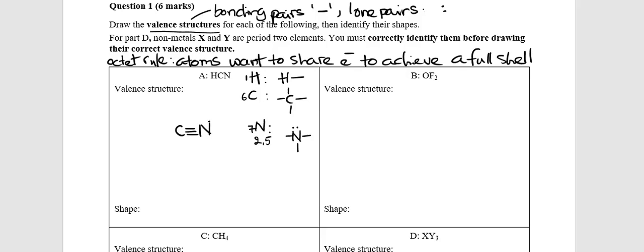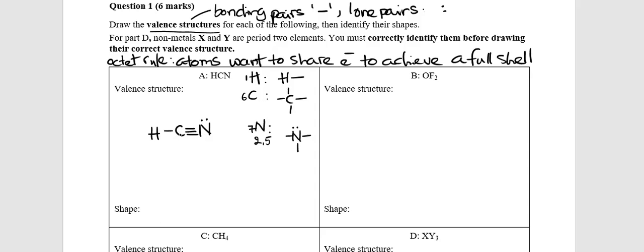Now, in order for every atom to have the right amount of covalent bonds, so that's the main goal, you want all of these atoms to be able to form all of these covalent bonds that they want to. The carbon is going to need to form a triple bond with the nitrogen, and it's going to form a single bond with the hydrogen. Okay, this is with the shape.